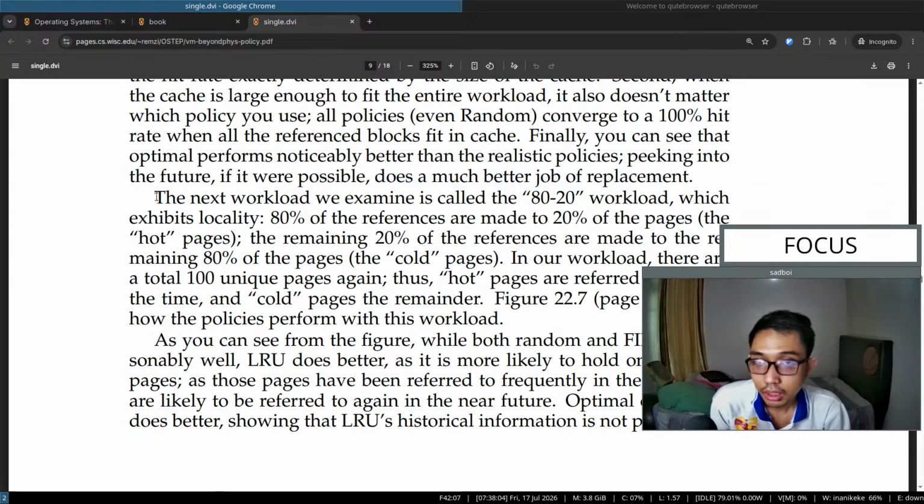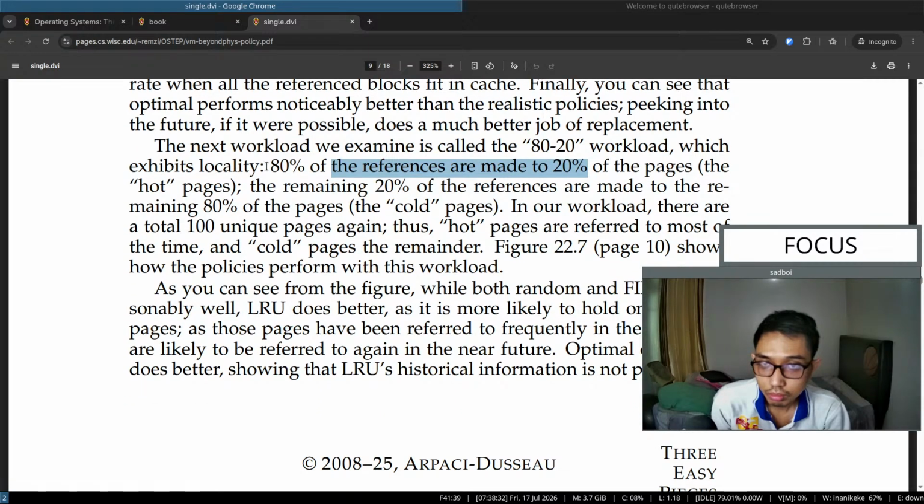The next workload we examine is called the 80-20 workload. It exhibits locality. 80% of the references are made to 20% of the pages, the hot pages, or the active pages, I guess.